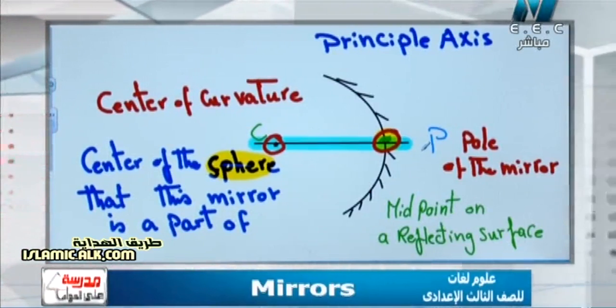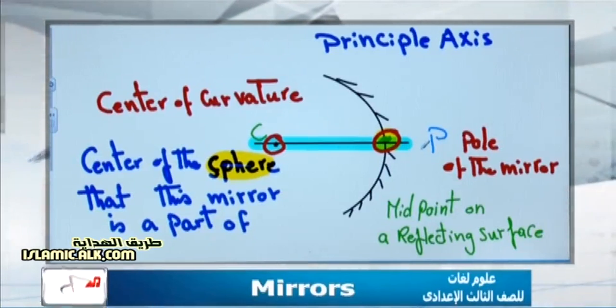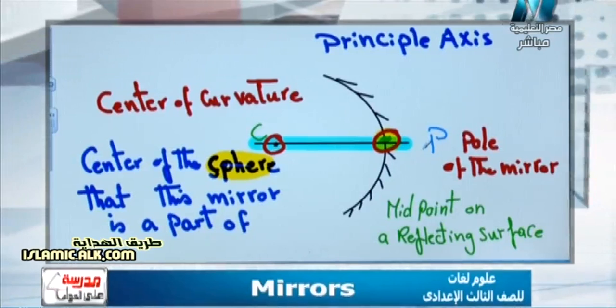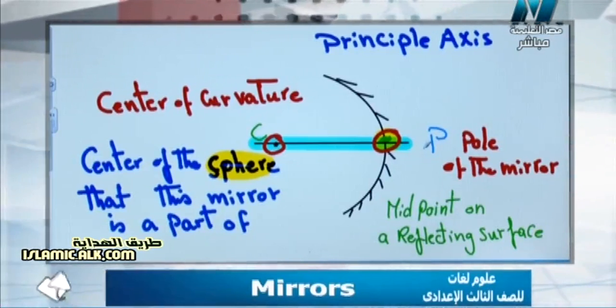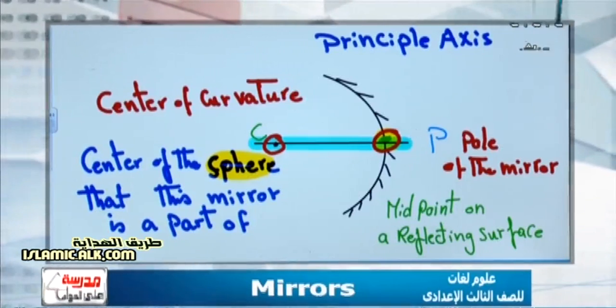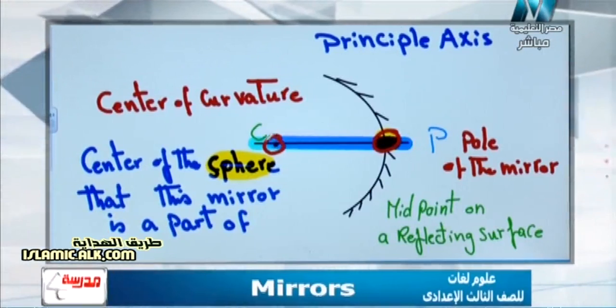Here we have a give reason for. How could they ask: the principal axis in the spherical mirror is only one? I say because it is a straight line connecting the pole of the mirror and the center of curvature.